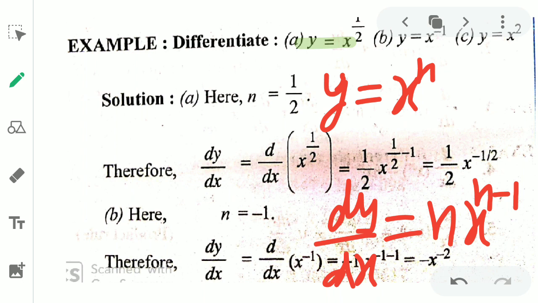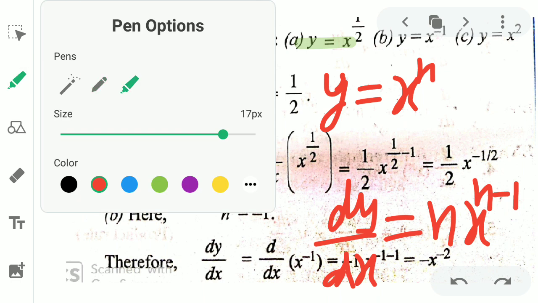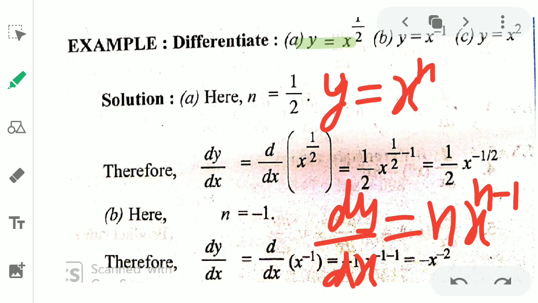For example, in the first point we discuss y equal to x to the power 1 by 2. So what is the value of n? That is 1 by 2. So obey the rule, both side differentiation, dy by dx will be equal to d by dx of x to the power 1 by 2. So apply the rule, power forward, so 1 by 2, x to the power 1 by 2 minus 1, that is minus 1 by 2. So that is the first example.